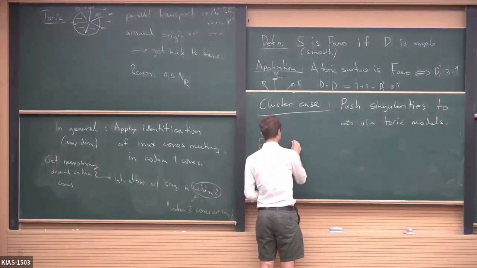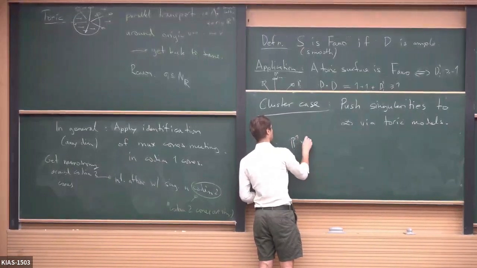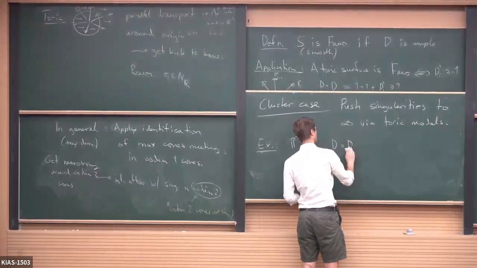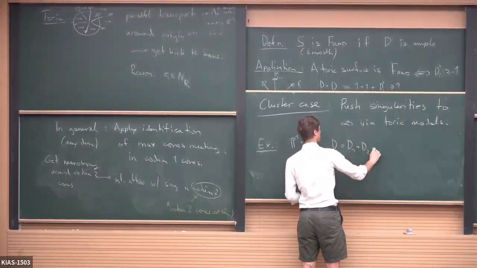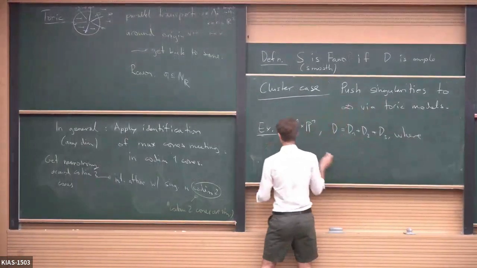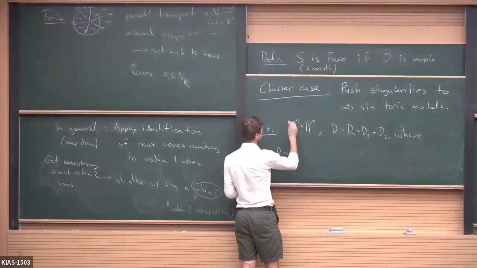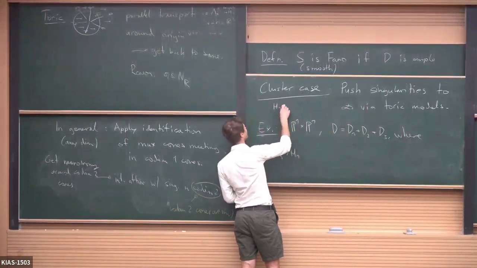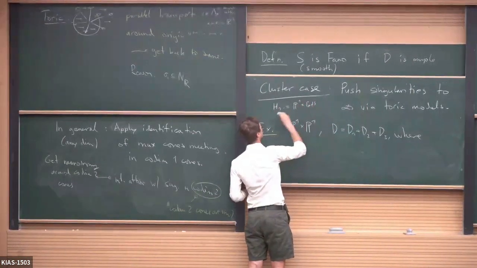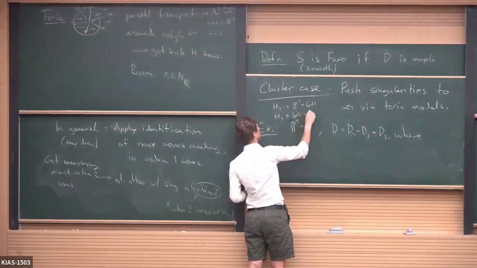So maybe you take P^2, well, this is maybe the first example. So we take D_1, the divisors of this are generated by H_1, which is P^1 times a point, and H_2, which is a point times P^1.